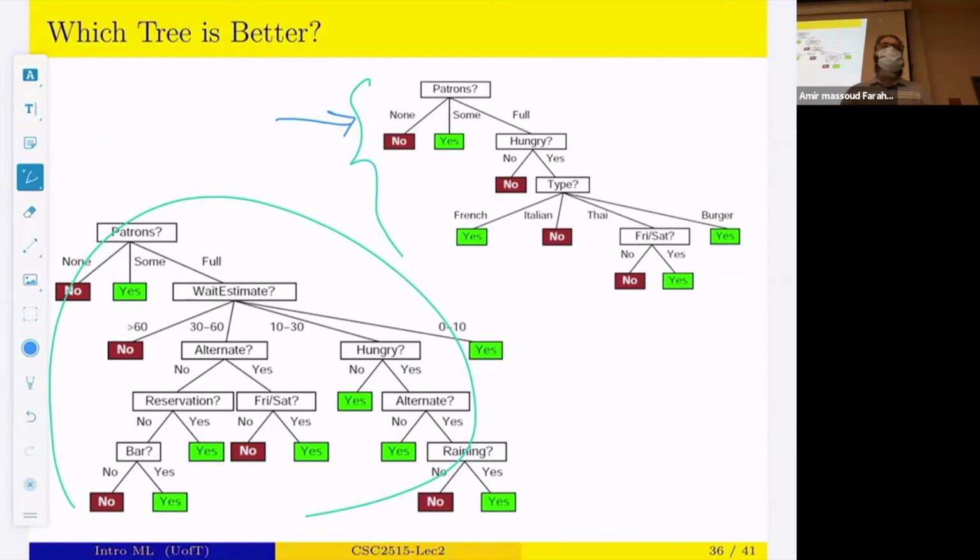Suppose you constructed this tree and want to give it to a medical doctor to help him or her make a better decision. If you give something very complex and complicated, the doctor may say, I don't understand the reason behind this. But if it is simpler, the doctor may say, yes, I understand what is happening here. And these values for a split are based on data, but this is a meaningful split. So that's one of the reasons to prefer smaller trees.